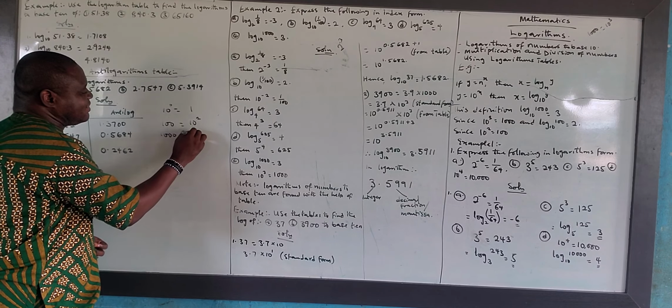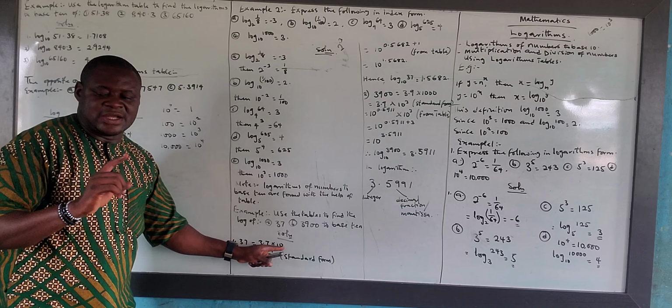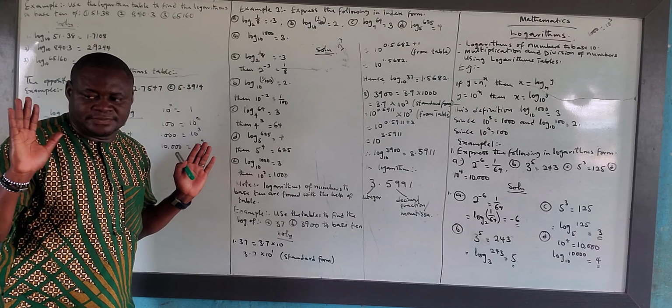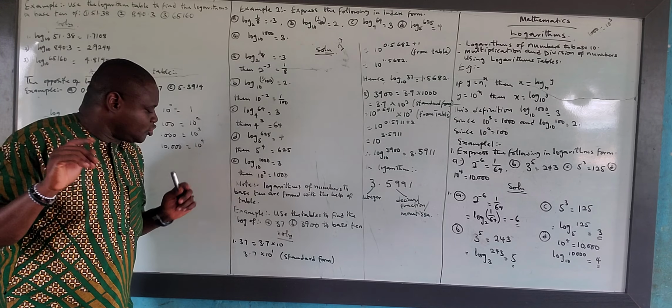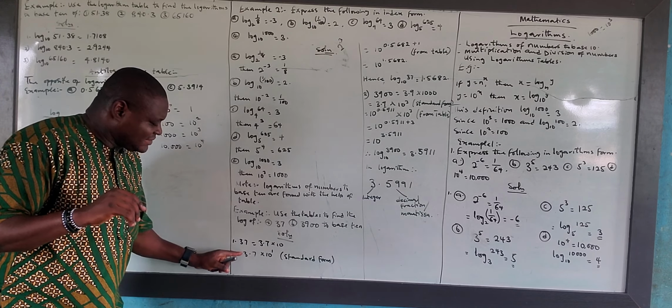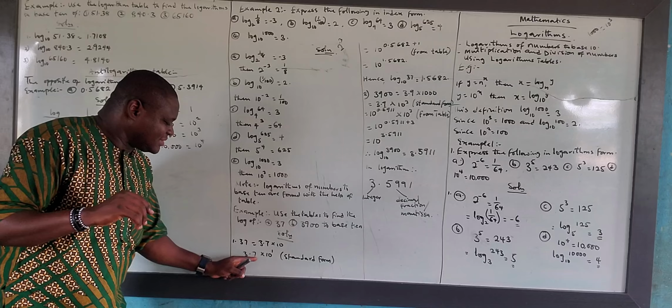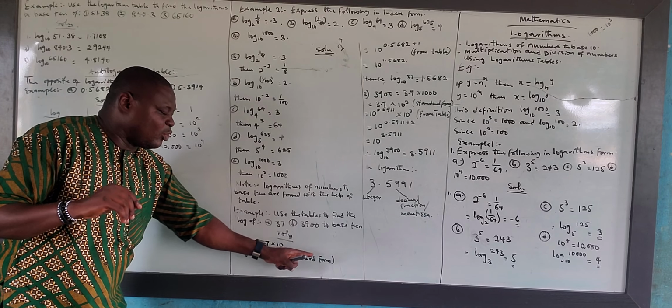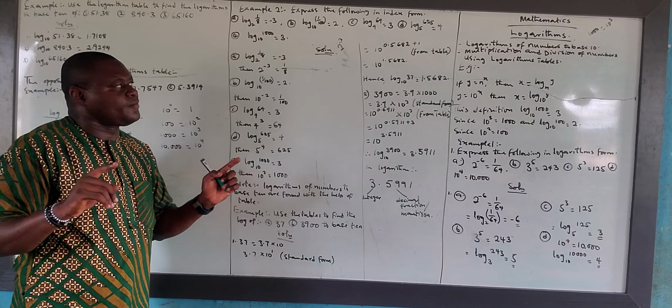So in standard form, we will first of all look at their characteristics, their index. So if we look for the characteristic here, it is 10 raised to the power 0, which is 1. Are you getting it now? So as ordinary, we can say 3.7 times 10 raised to the power 0, which is known as 3.7 times 1 in standard form.